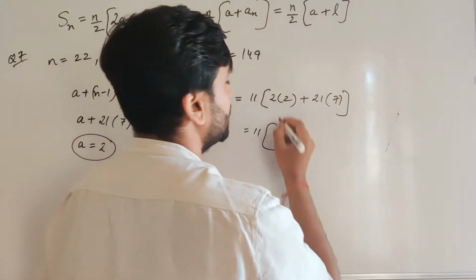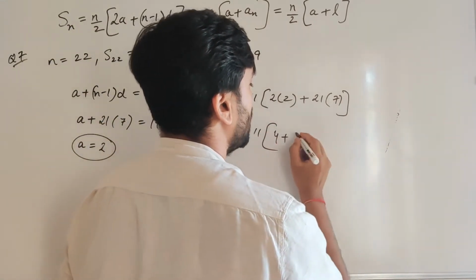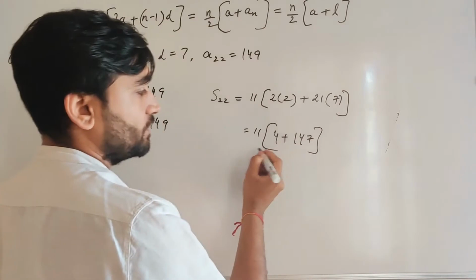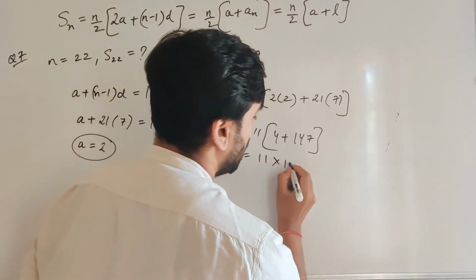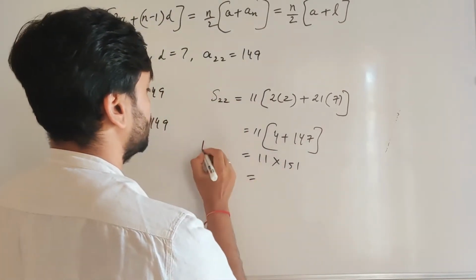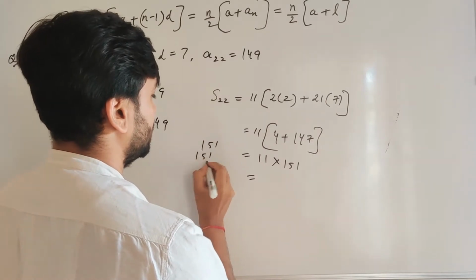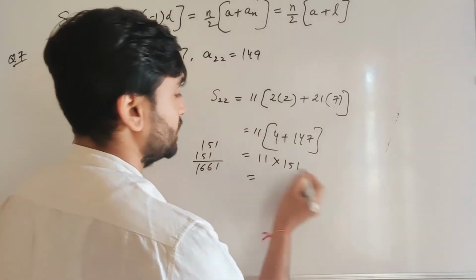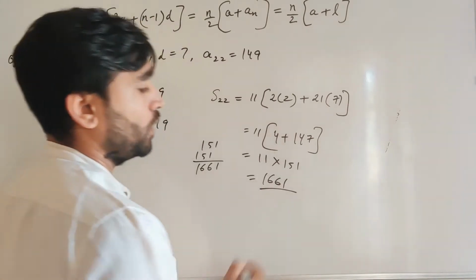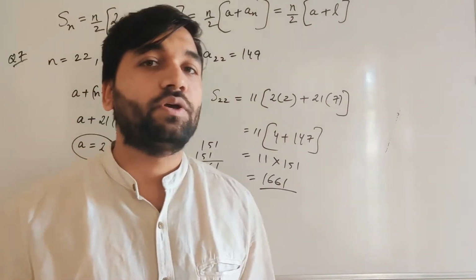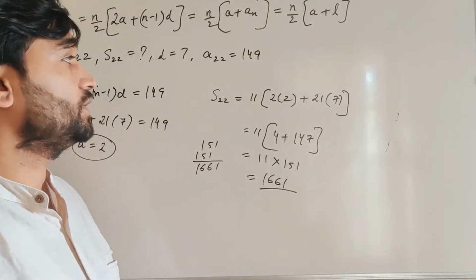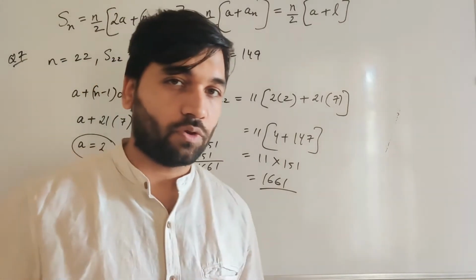We get 11, this is going to be 4 plus 147. So this is 151. 11 into 151 will give you 1661 as your answer. So the sum of the 22 terms is 1661. That's how we solve this question.